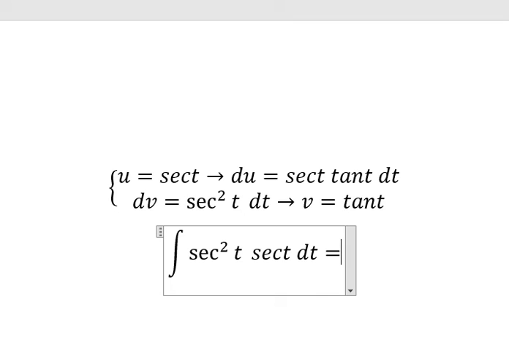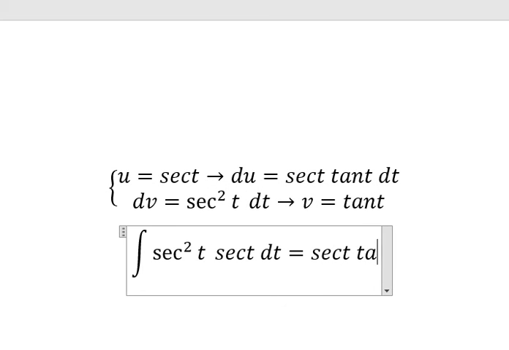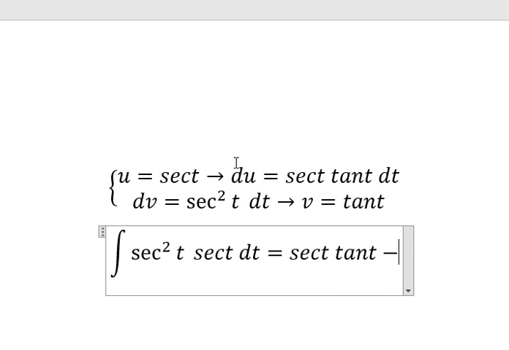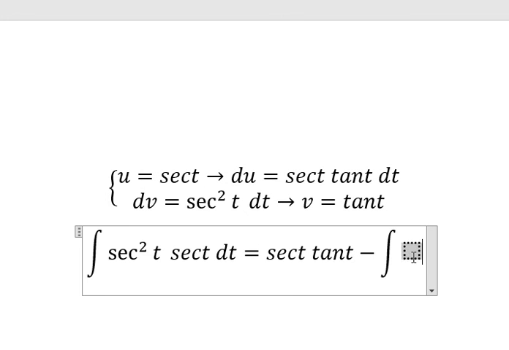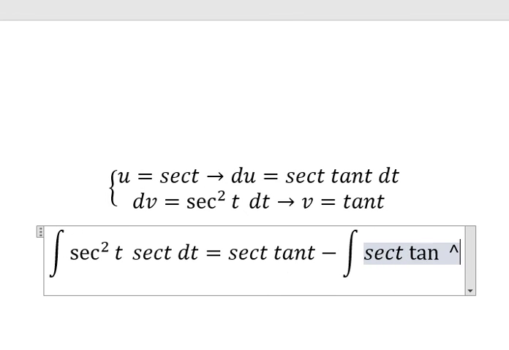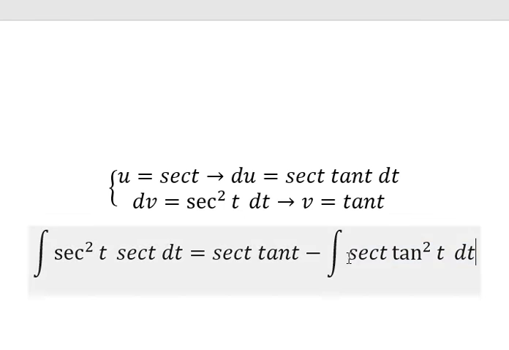So we have u multiplied by v minus we have du multiplied by v. So we have the integration secant of t tan t square dt.